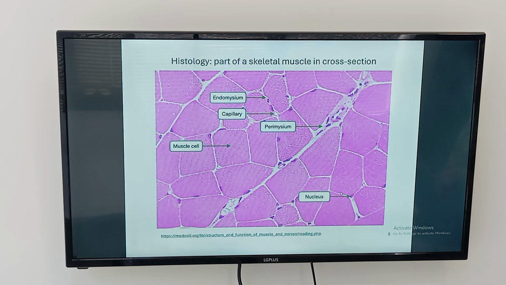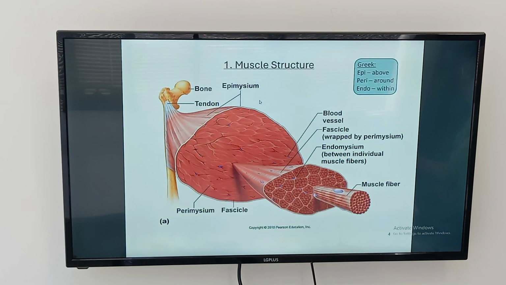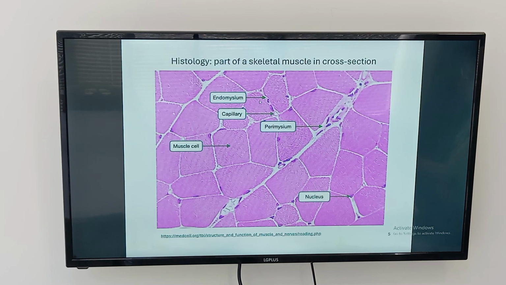You can see here the histology of part of a skeletal muscle in cross section. Let's start from outside to inside. This white part is endomysium, in a cross section of the skeletal muscle.